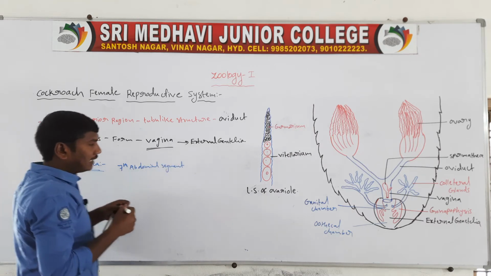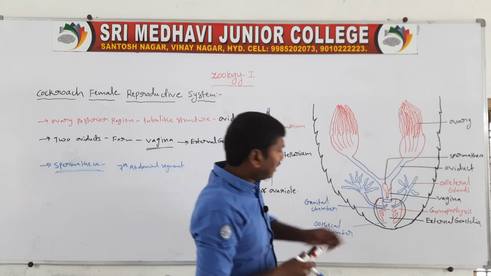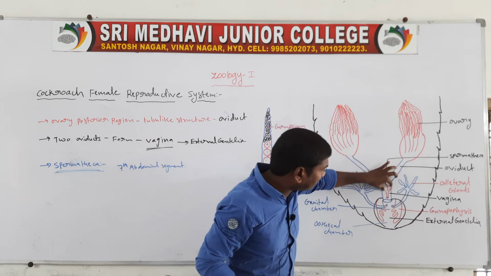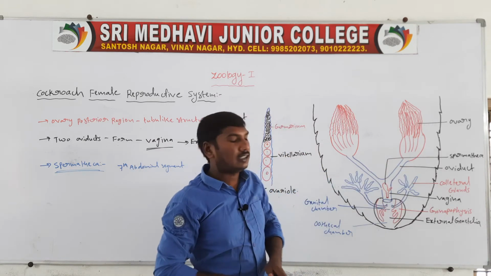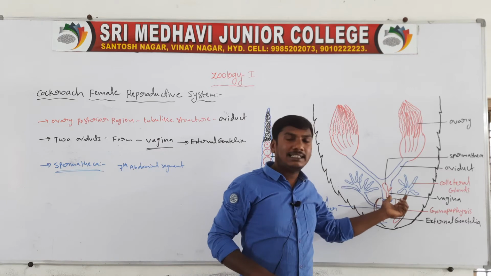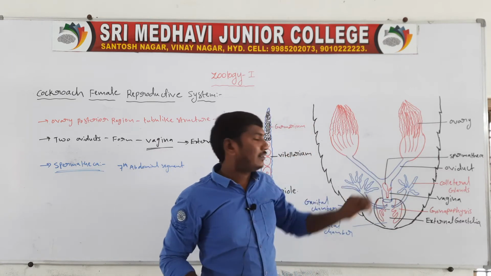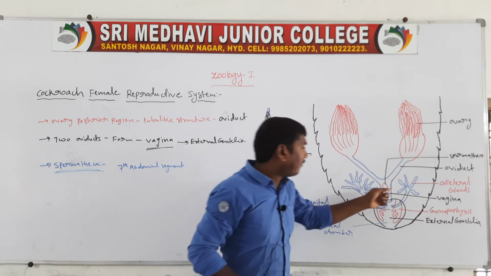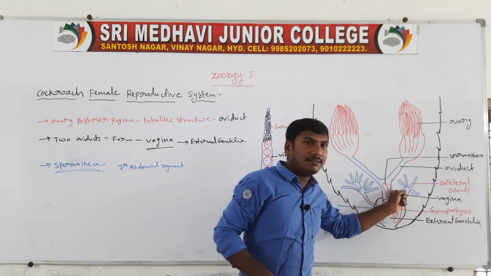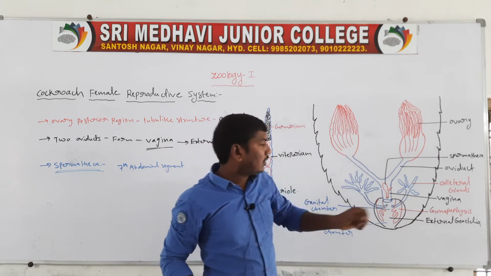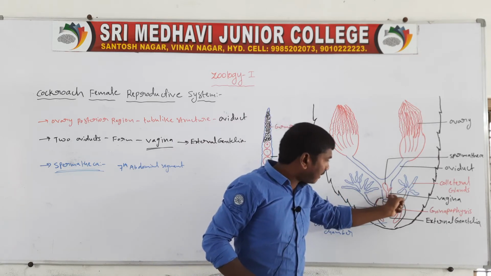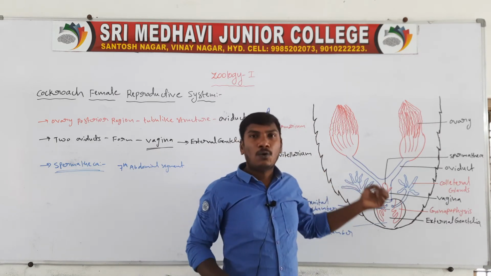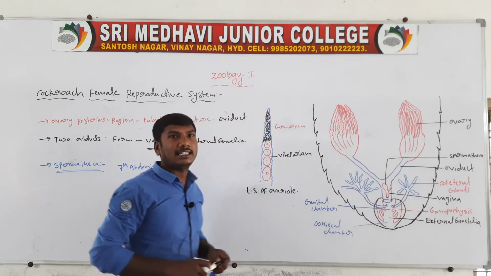The spermathecae contain two sac-like structures: one is a large sac-like structure, and the other is a short sac-like structure. The spermatheca opens into the external genitalia.